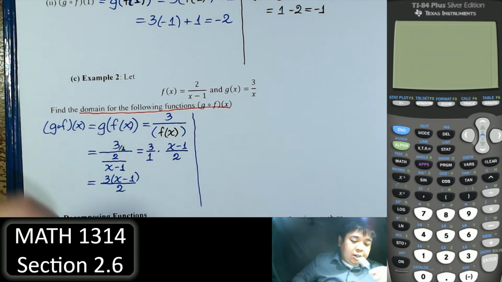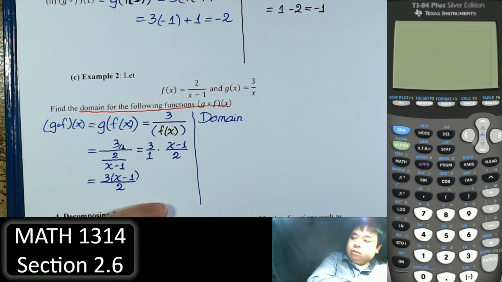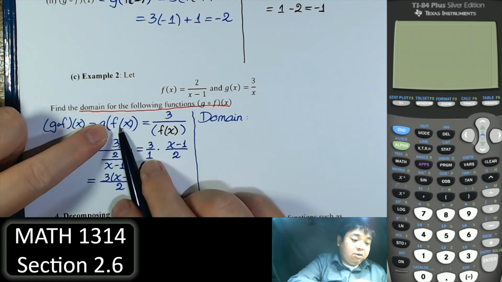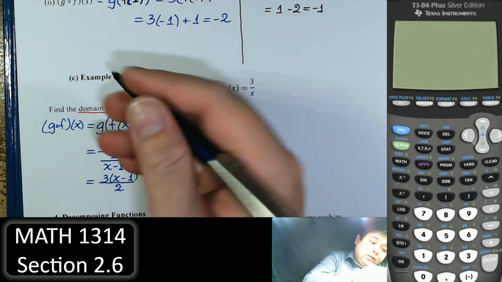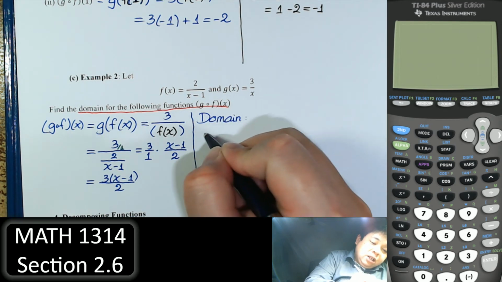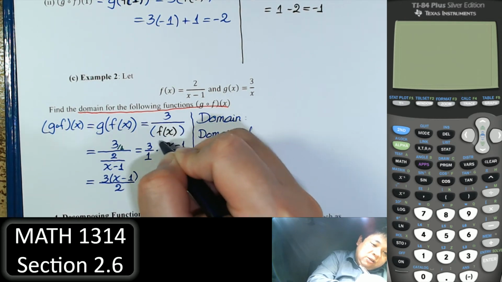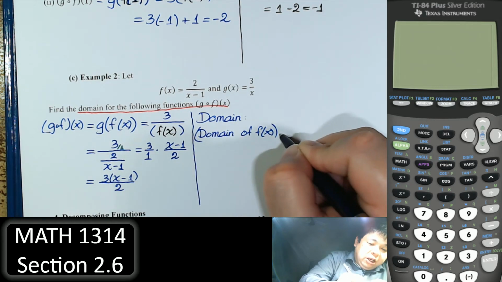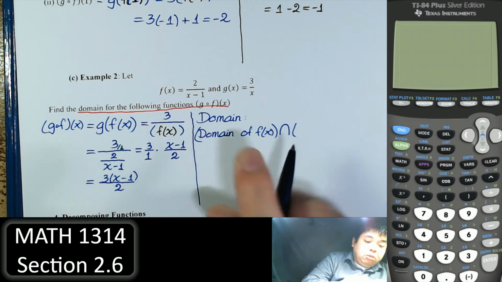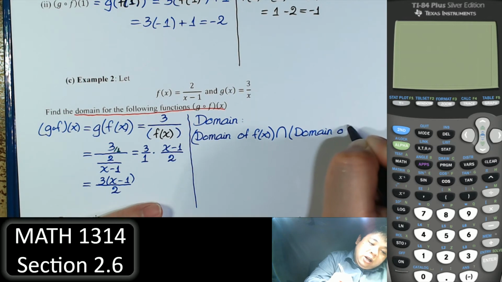Now, how do we find the domain? Remember, the domain of the composition is the domain of the inner function and the domain of the whole thing. So we say the domain of the composition is equal to the domain of the inner function, intersect, meaning both of them have to occur, the domain of the whole thing.